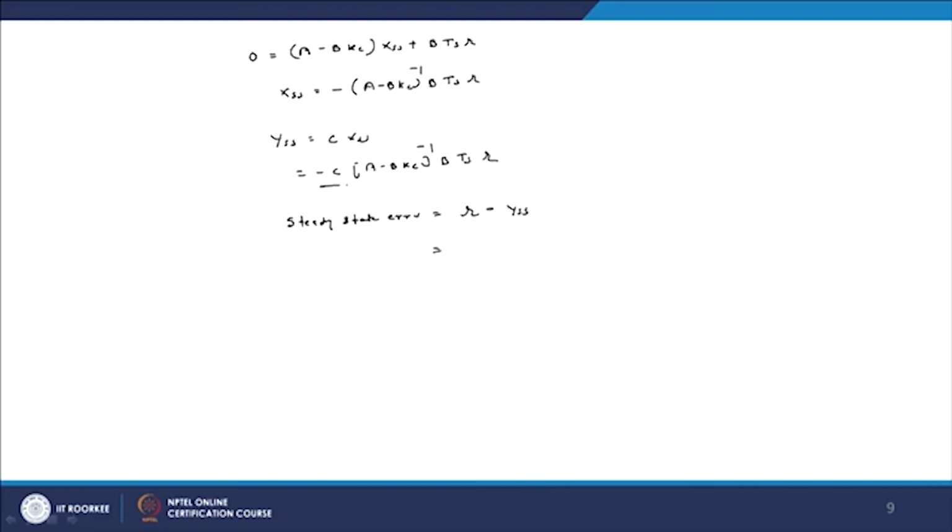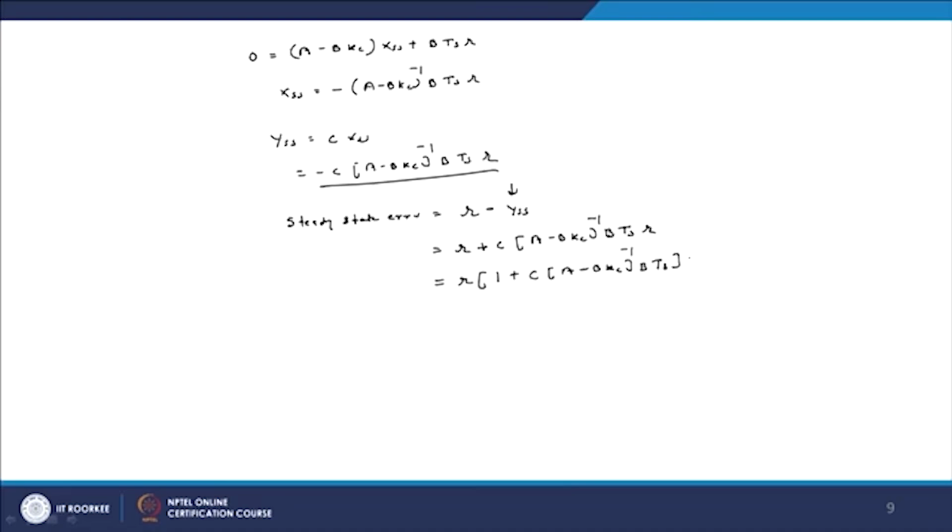So now we replace the value here, and we can write down R plus C A minus BKc inverse B into Ts into R. Now take R common: 1 plus C A minus BKc inverse B into Ts.